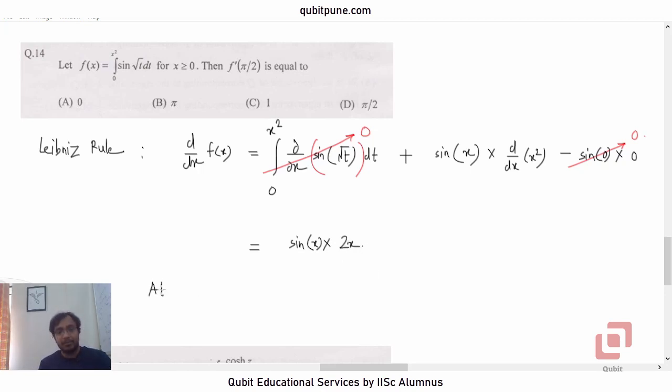At pi by 2, we get sine pi by 2 into 2 into pi by 2. Sine pi by 2 is 1. 2 gets cancelled. 1 into pi. Option B. Fairly straightforward problem.